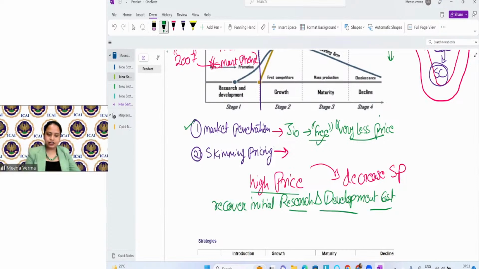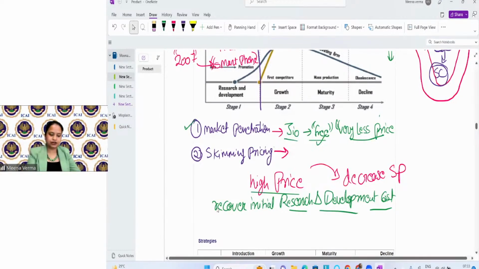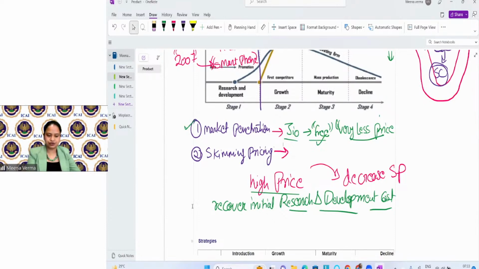The company has incurred research and development costs in the penetration case also, but they have not increased the price much there.